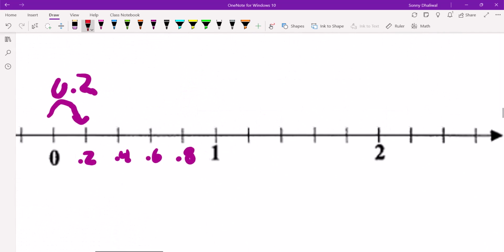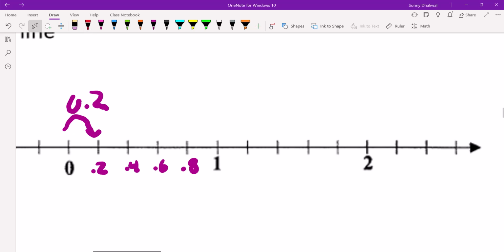0.625 is somewhere between 0.6 and 0.8. Is it halfway? I want you to roughly put it in the right spot. Halfway between 0.6 and 0.8 would be 0.7. So this 0.625 will be kind of closer to here.